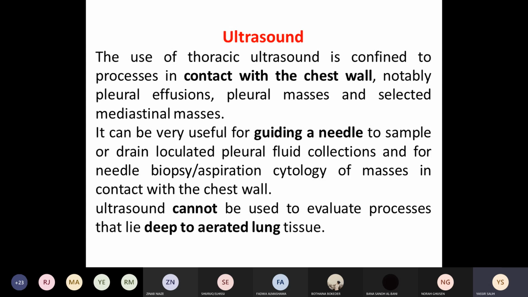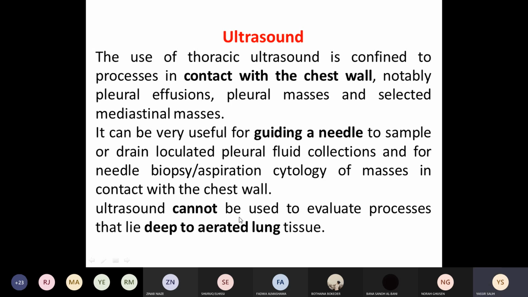Ultrasound cannot be used to evaluate processes located too deep in the lung. As we discussed, it can be used for superficial lesions but cannot be used to evaluate processes deep to aerated lung. Why? Because of the physical properties of ultrasound: it does not propagate through air, but it does propagate well in fluid. Fluid is a good propagation medium for sound.